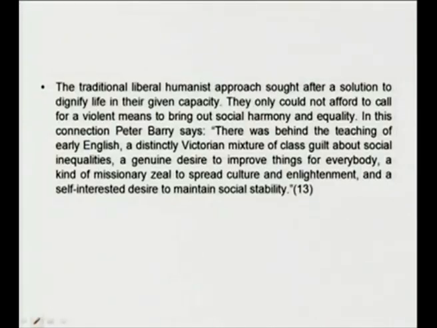There was no question of redeeming acts of how the social condition will be brought about. There was behind the teaching of early English, as Peter Barry says, a distinctly Victorian mixture of class guilt about social inequalities, a kind of missionary zeal to spread culture, an enlightenment and a self-interested desire to maintain social stability.